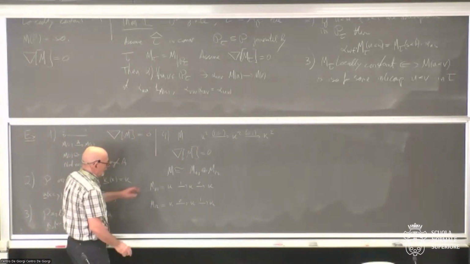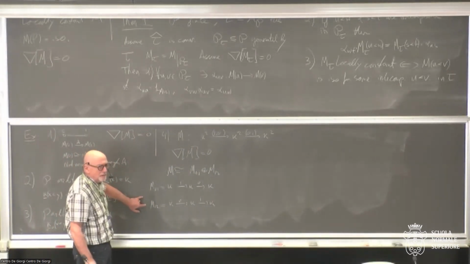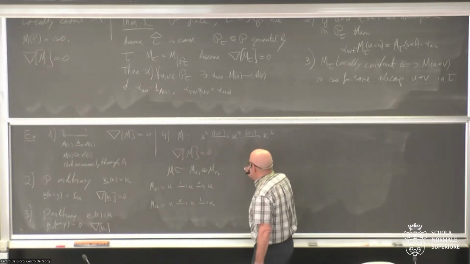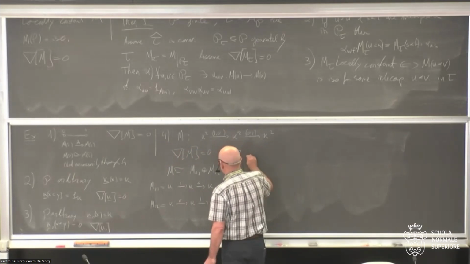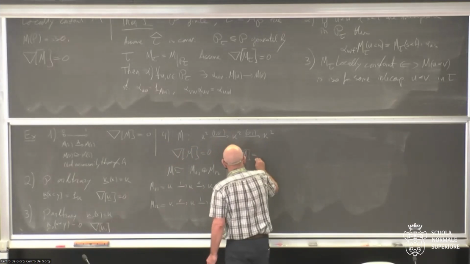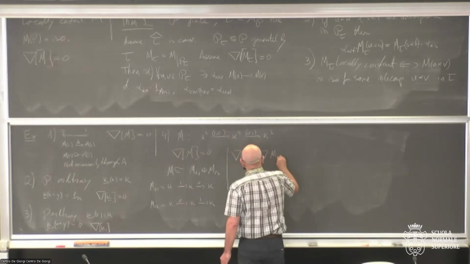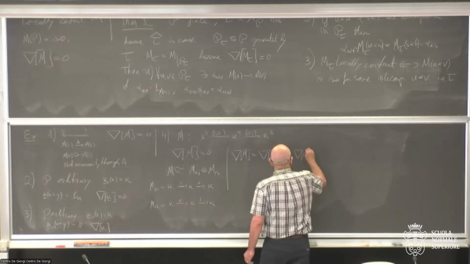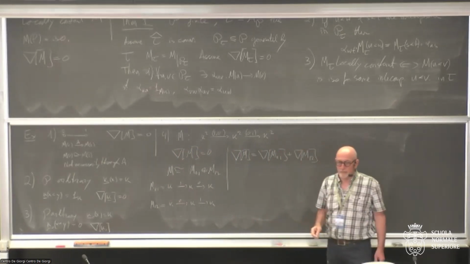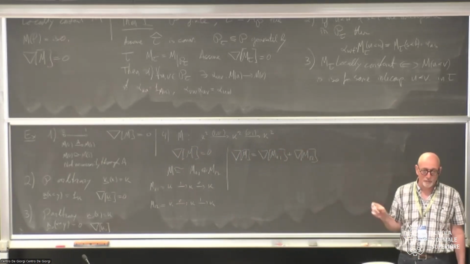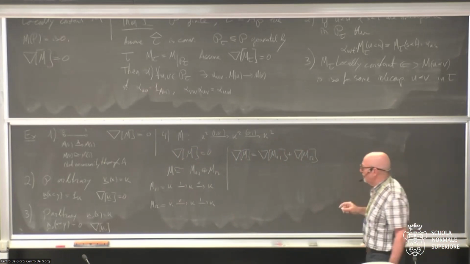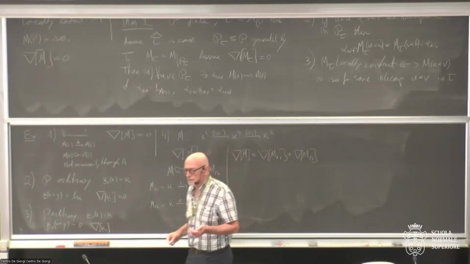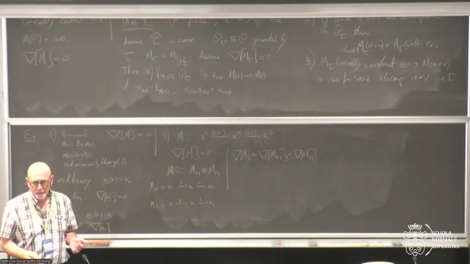So M is isomorphic to the direct sum of these two. And so nabla is additive. Nabla of M is equal to nabla of M01 plus nabla of M12. Either one of them is not 0, but their sum is 0 because one is the additive inverse of the other.